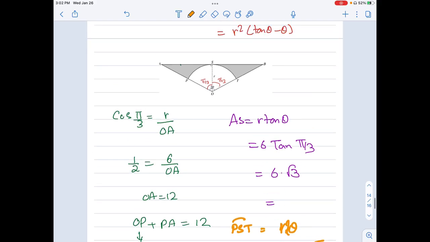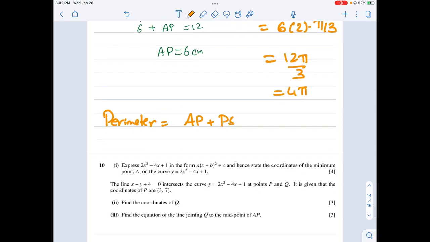So total perimeter will be equal to, add all the three parts. I start from AP: I go A to P, then PST, then T to B, and B to A. AP plus PST plus TB and then BA.